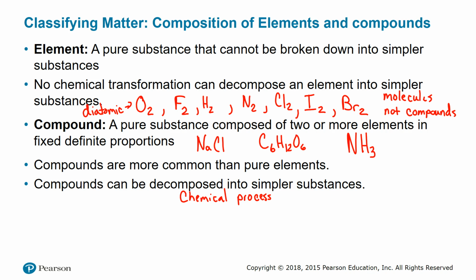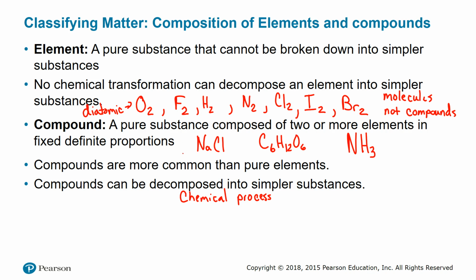One of the key things that distinguishes a compound from just 2 atoms combined is that a compound is going to be 2 different atoms. So when we use the term compound, we're looking at at least 2 different atoms.